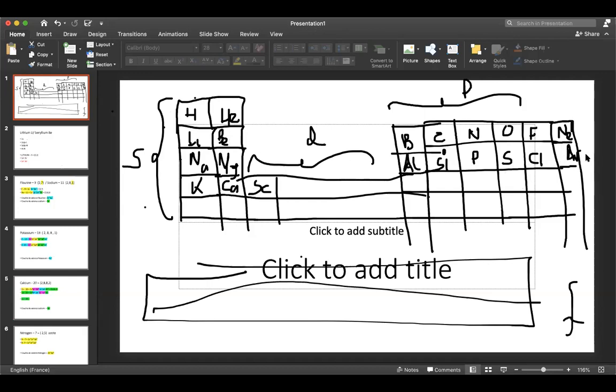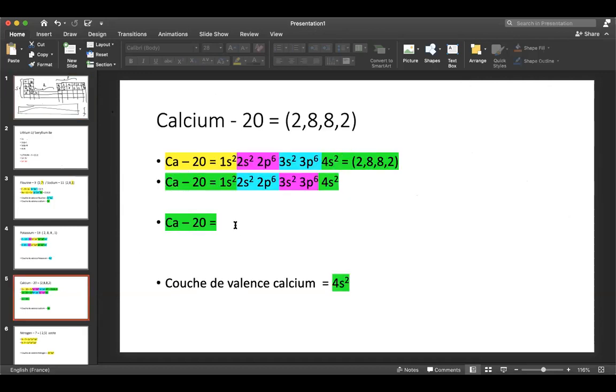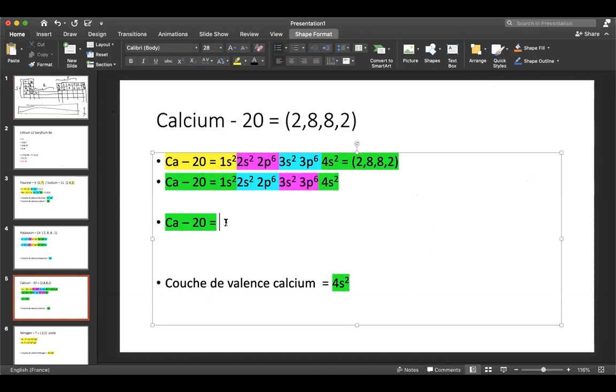What is it called? Number 18. Argon. Exactly, argon.